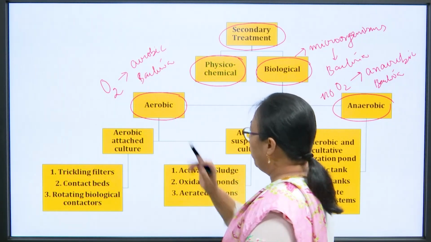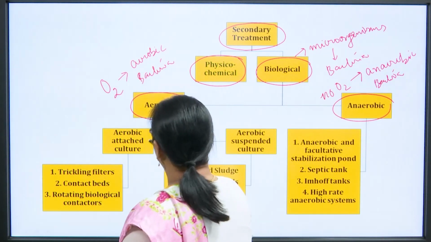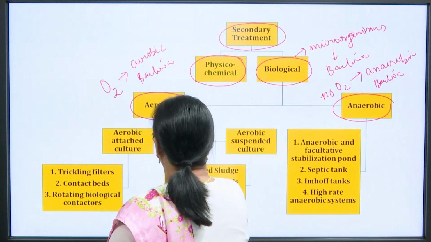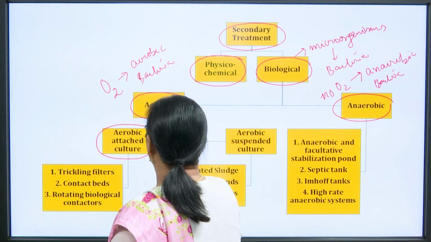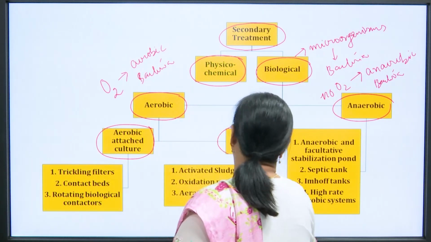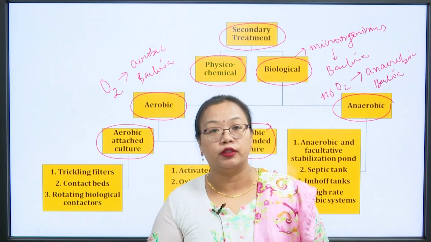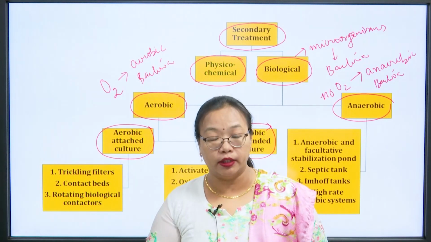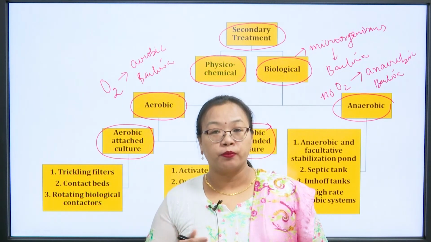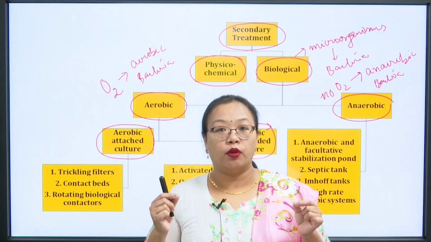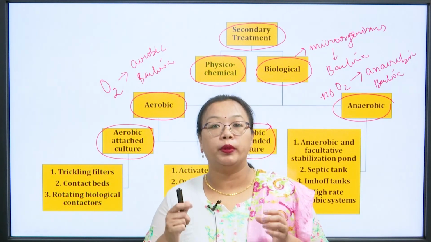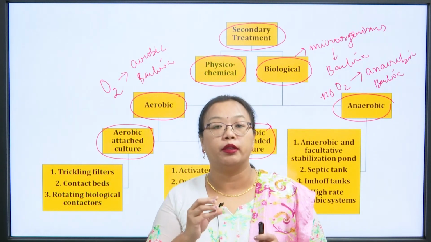Now coming on to aerobic treatment, we can have either aerobic attached culture or aerobic suspended culture. The difference is that in aerobic attached culture, the microorganisms are going to be sticking on the filter media.